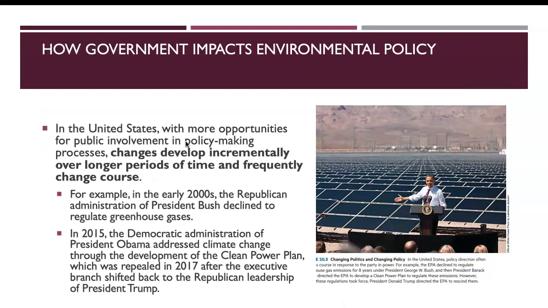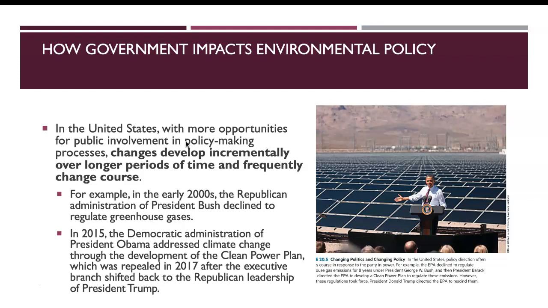And because the United States gives the public more involvement and more opportunities in policy making, the changes can be really slow, sometimes taking a very long time. For example, in the early 2000s, the Republican administration of President Bush declined to regulate greenhouse gases, and the Obama administration was determined to address climate change through the development of the Clean Power Plan.